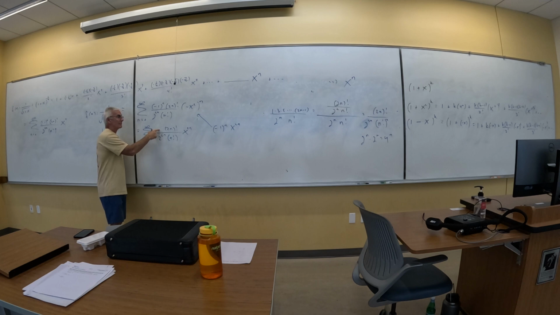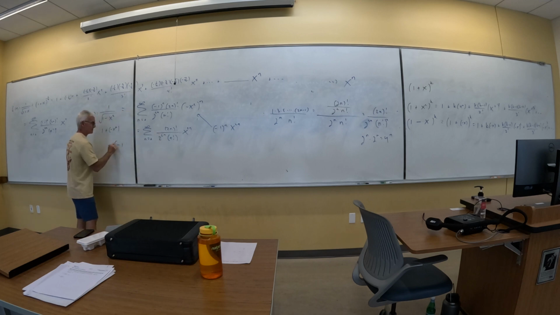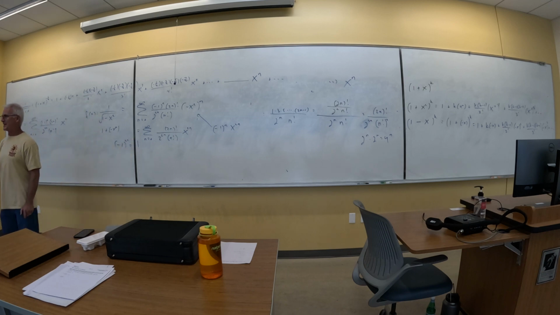Negative 1 to the 2n. Okay. Is negative 1 to the 2n equal to 1 at all times? No. You have an alternating series and then you made it alternate on the alternating.